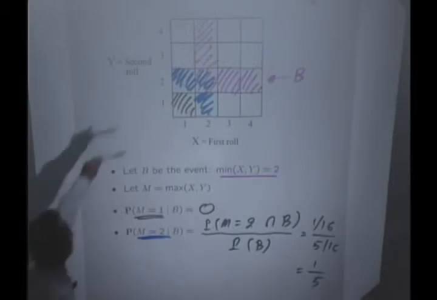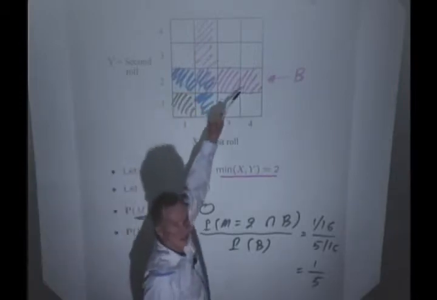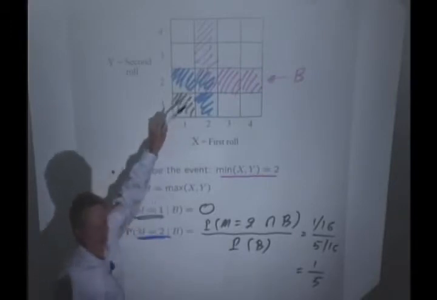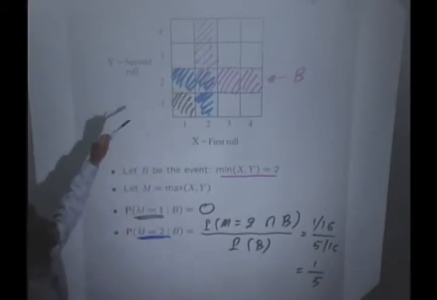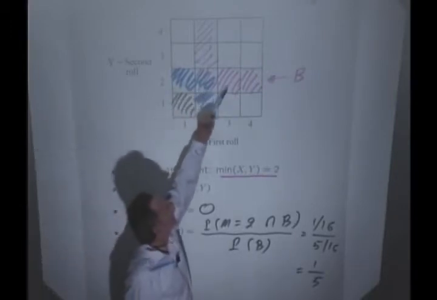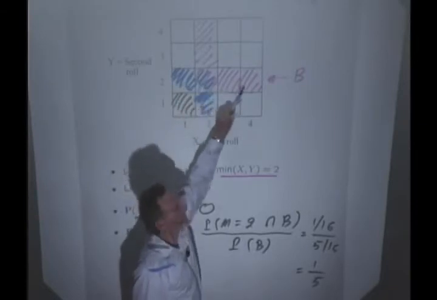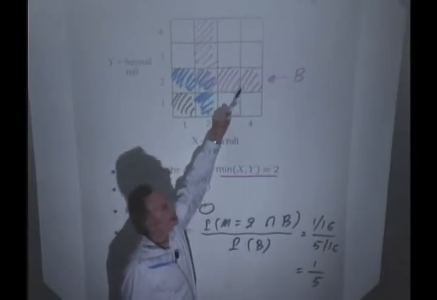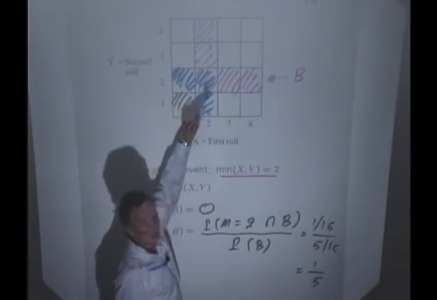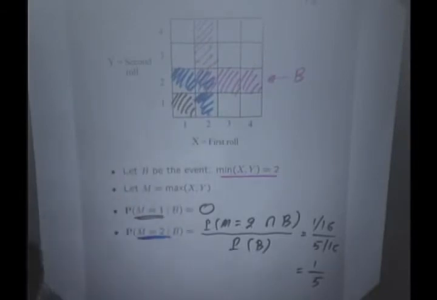So the 5 red elements were equally likely. They remain equally likely in the conditional world. So conditional on B having happened, each one of these 5 elements has the same probability. So the probability that we actually get this point is going to be 1/5. And so that's the shortcut.